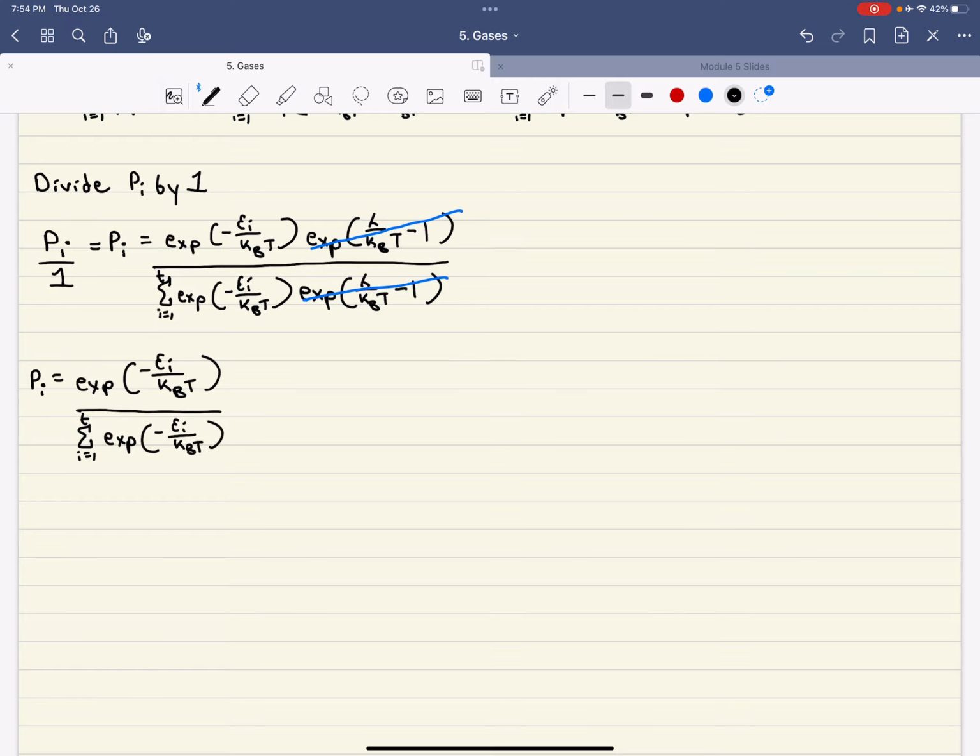Okay. All right. And so this equation is simple but very powerful. In fact, because it's so powerful, it has a name. It's known as the Boltzmann distribution law.